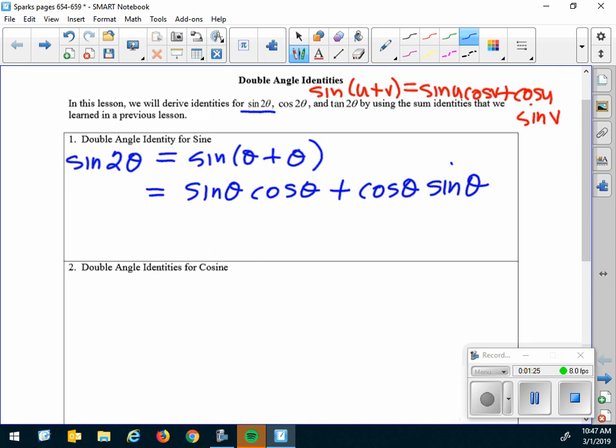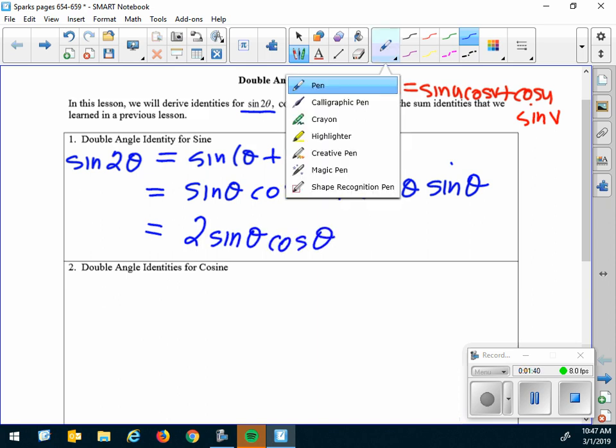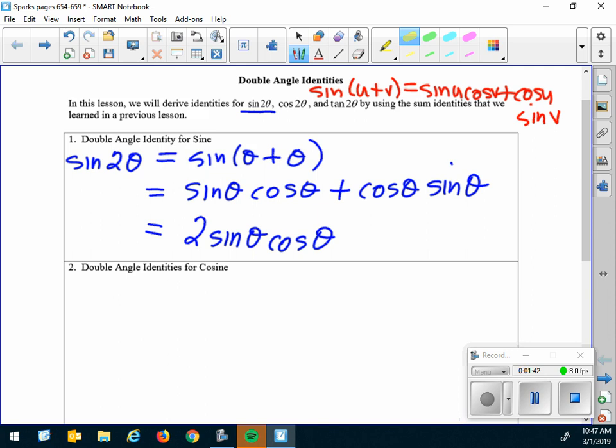What do you see there? I got 2 of them, right? I got 2 of the same thing. So this is 2 sine theta cosine theta. So the formula for sine of 2 theta is 2 sine theta cosine theta.